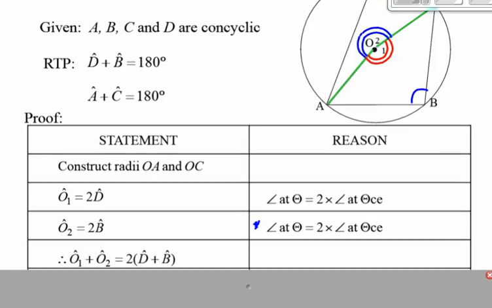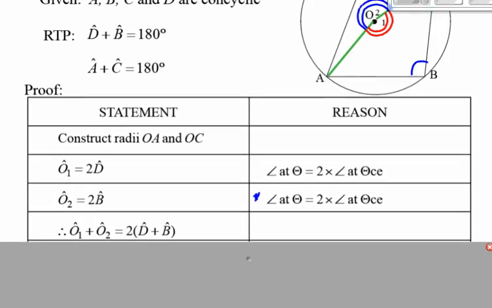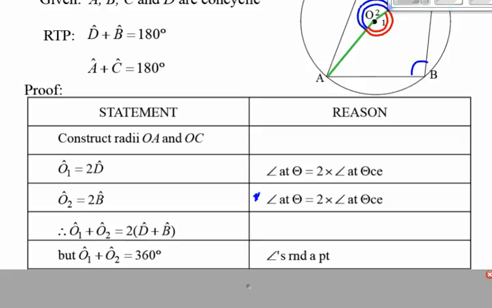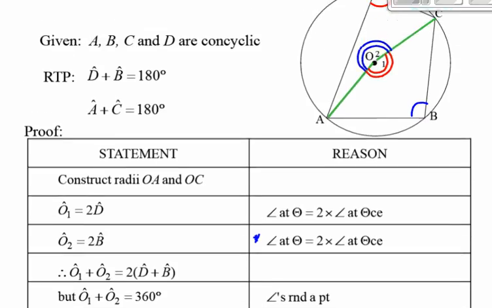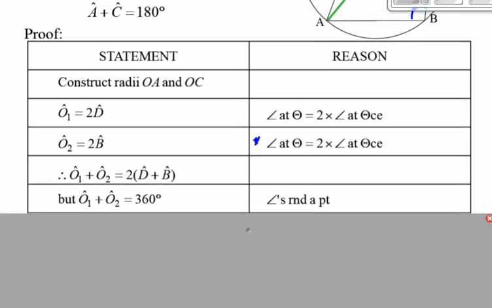Alright, so from that we know that if we add O1 and O2, it's the same as adding 2D and 2B. So O1 plus O2 is equal to 2 times D plus B. But hang on a second, O1 and O2 add up to 360 degrees.